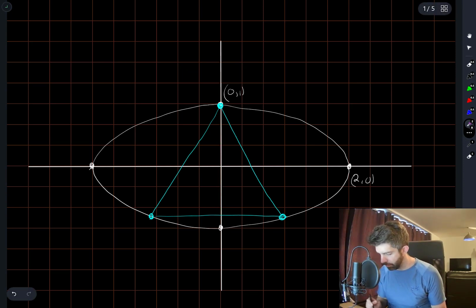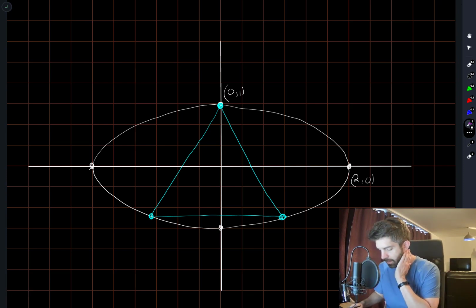The approach I'm going to take here is just trying to find what these two points are, and like I said, they're going to be symmetric around the y-axis.